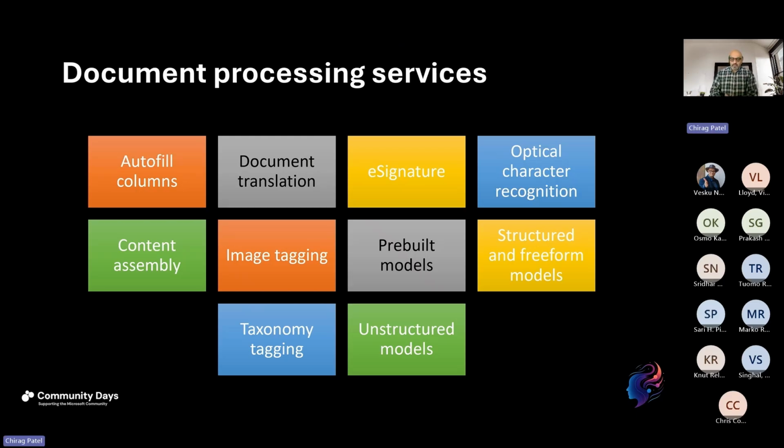So there are a number of components within the document processing side of things, and we're going to dive into each, well, most of these anyway, through the demos. We'll reference this slide as and when we dive in.